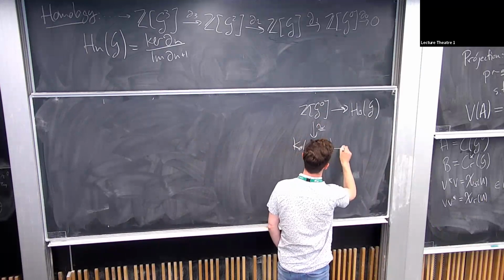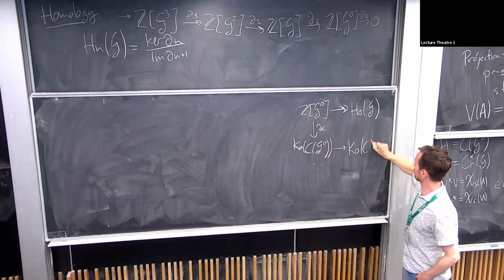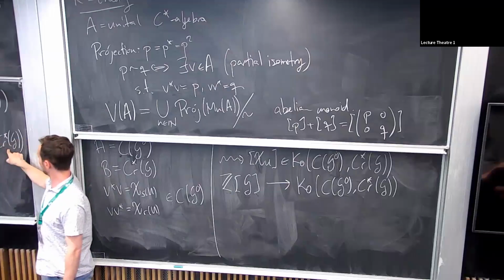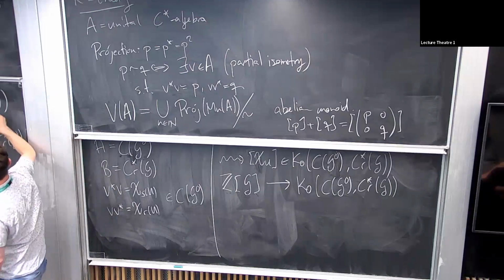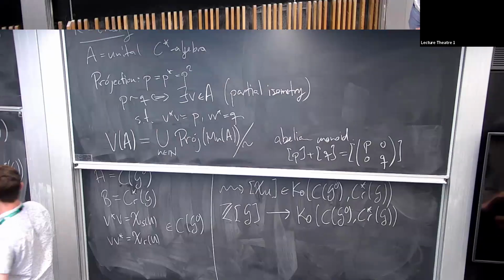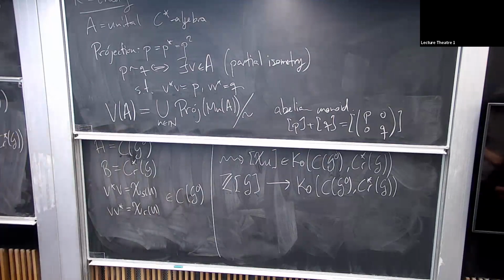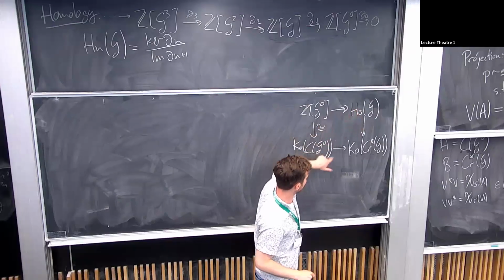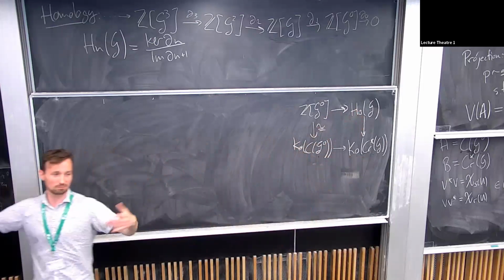And it's known that if I also look at the K0 of the reduced groupoid C-star algebra, then this actually induces a canonical map. The map is just: take an element, lift it, map it down, map it to here, show that it's well defined. It is.